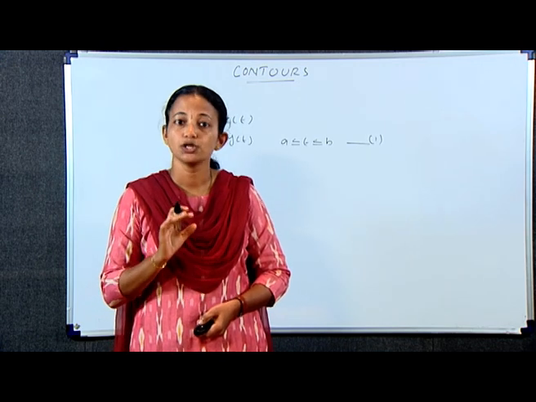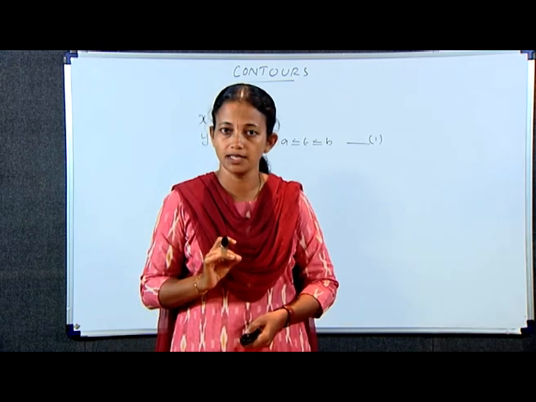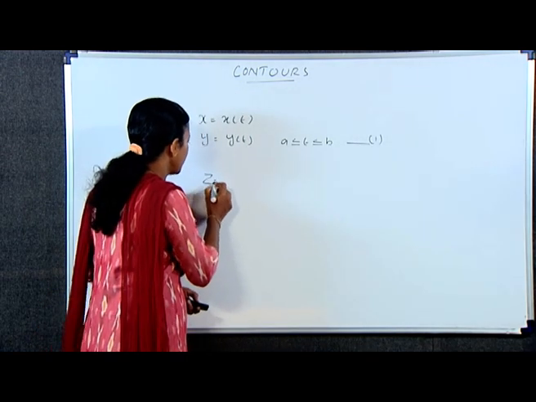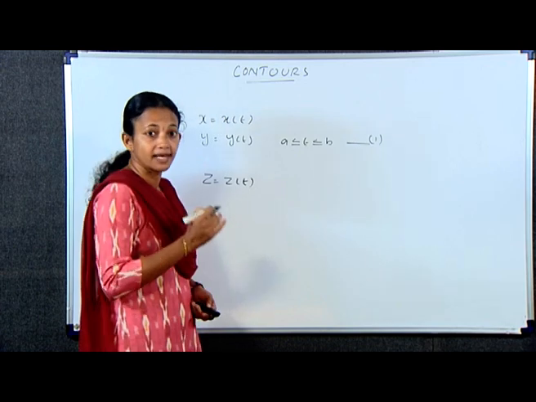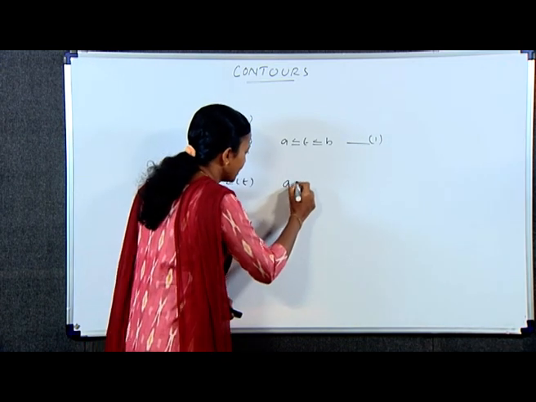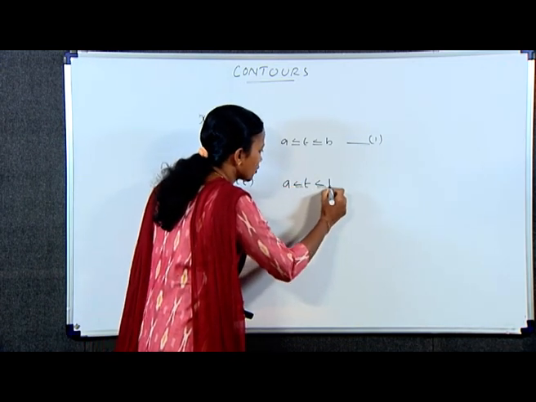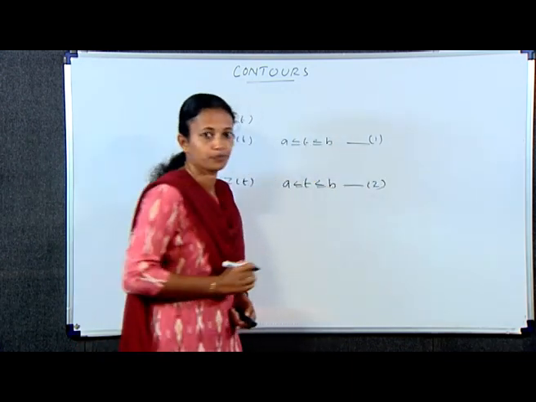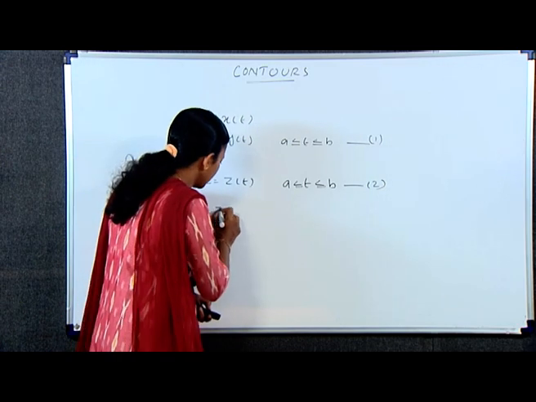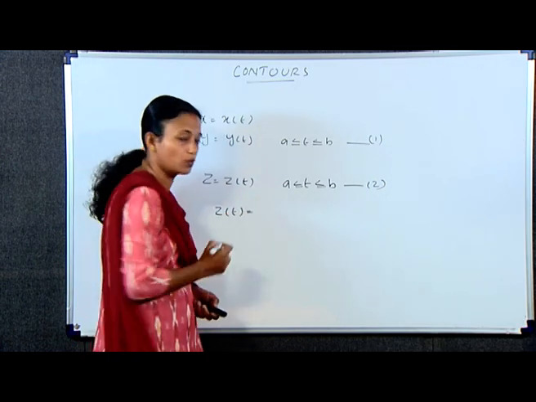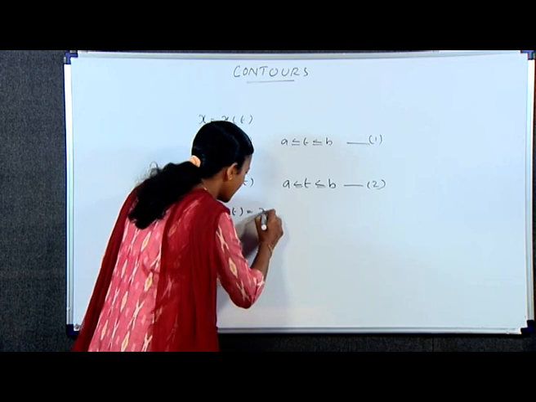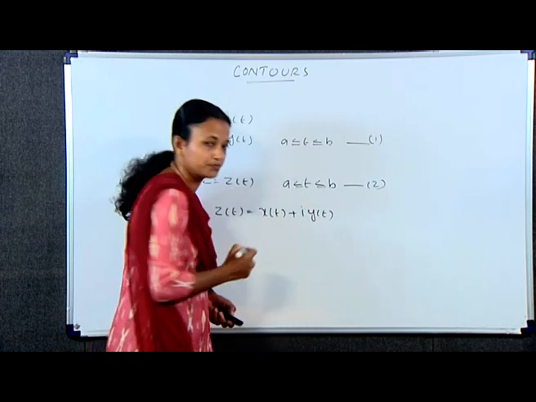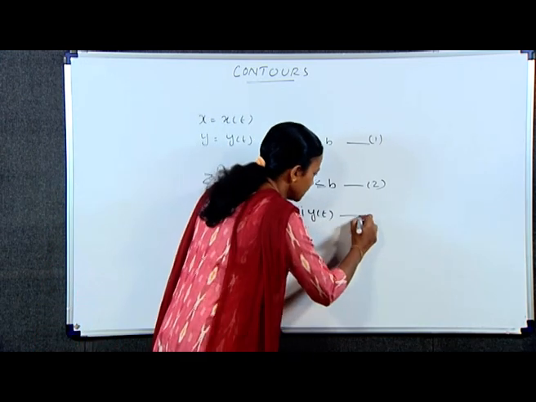It is convenient to describe the points of C by means of the equation z = z(t), where a ≤ t ≤ b. Mark it as equation number 2. Where z(t) we can write as z(t) = x(t) + i y(t). Equation number 3.